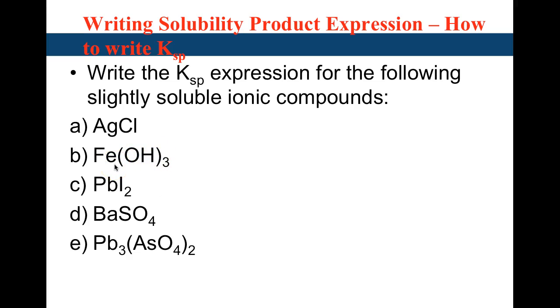So Ksp is equal to Fe3 plus times OH minus, and there are 3 OH, so OH cubed.